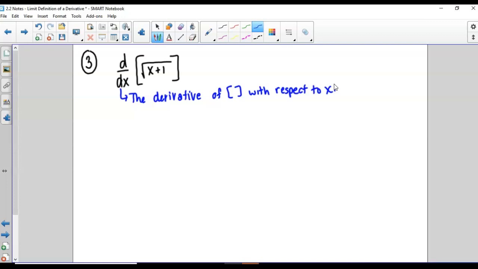For right now, everything we do is going to be a derivative with respect to x, so that part is not really that important.